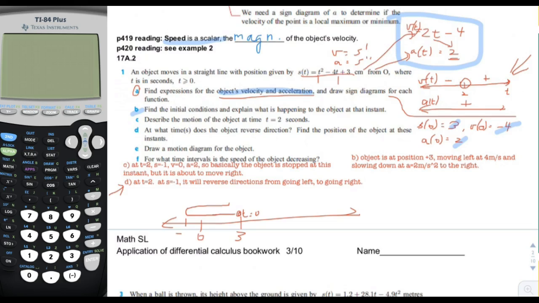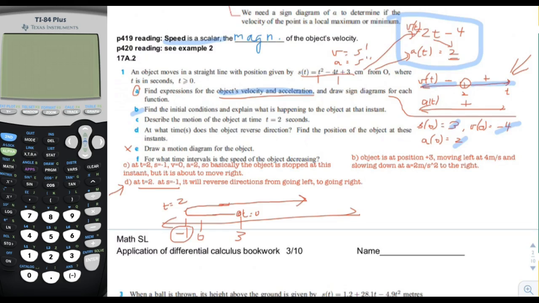And then basically it's going to continue like that forever because the velocity is going to be positive forever after, right? Because look at this. The velocity is negative, so it's going to the left, and then when it gets to t equals 2, it's going to start going to the right. So I'm going to mark this point here, t equals 2. And you can see at t equals 2 that s equals negative 1, and that's why this is negative 1 here. And then it turns around and it's moving to the right instead. So that's a motion diagram for the object right there.